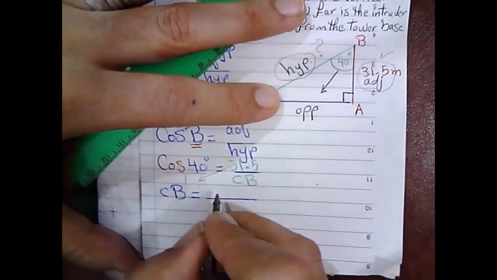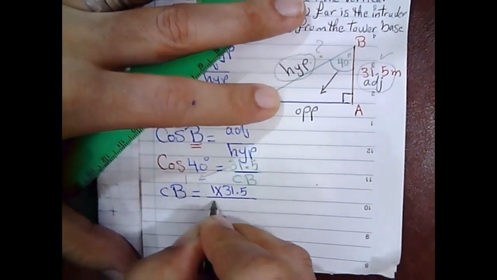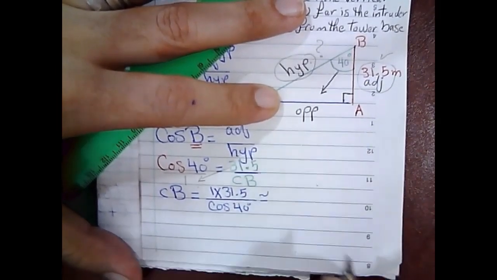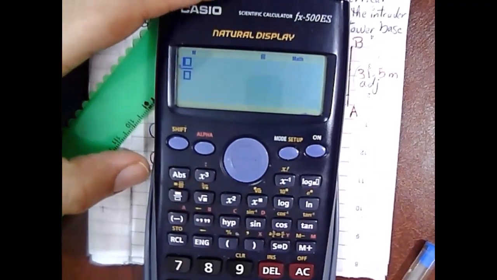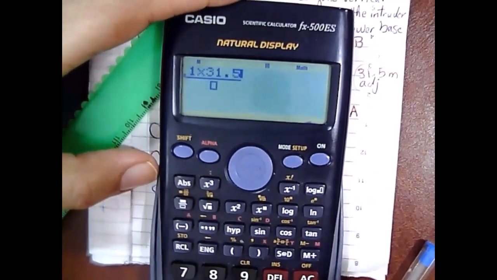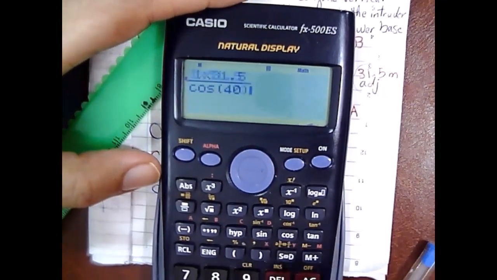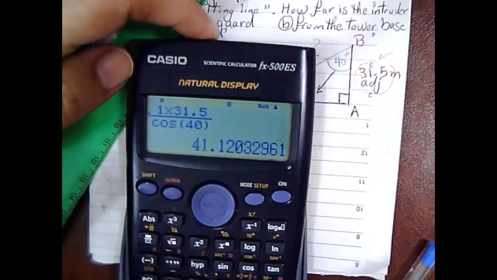So it will be 1 times 31.5 divided by cosine 40 degrees. So approximately 41.1 meters.